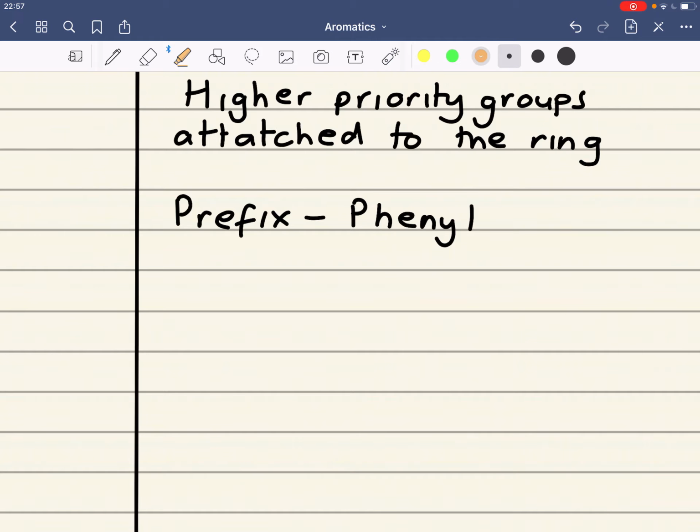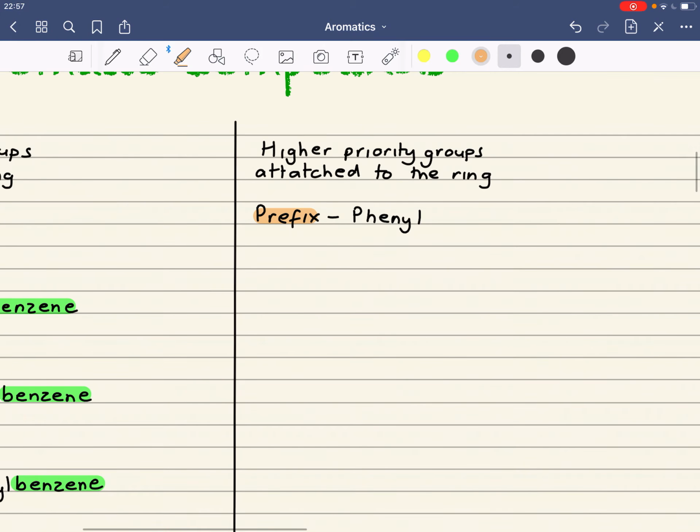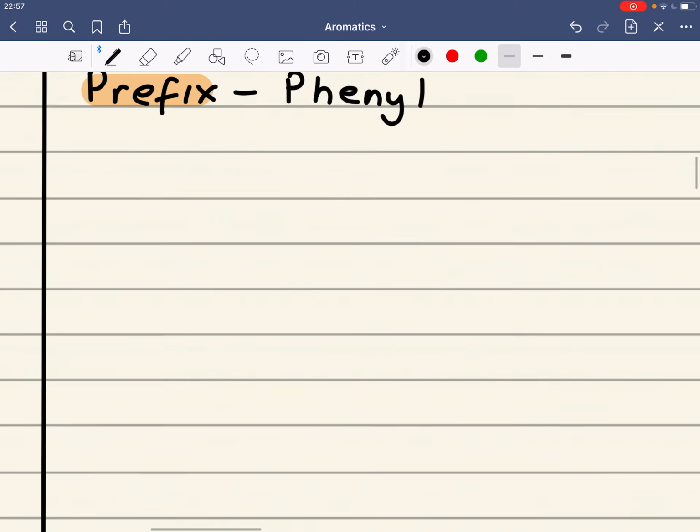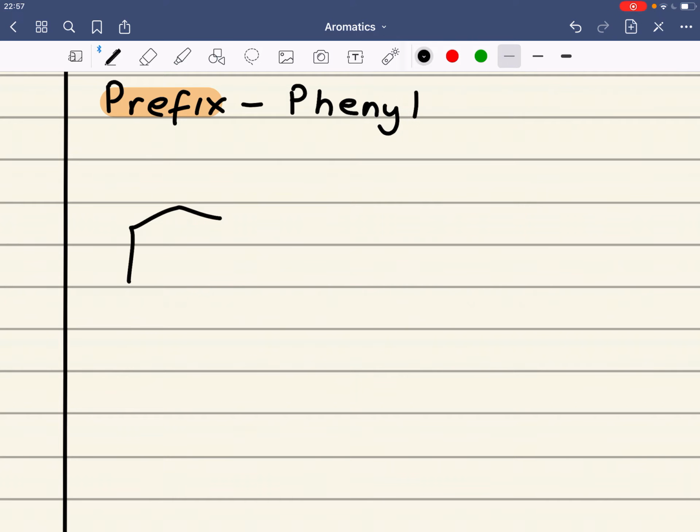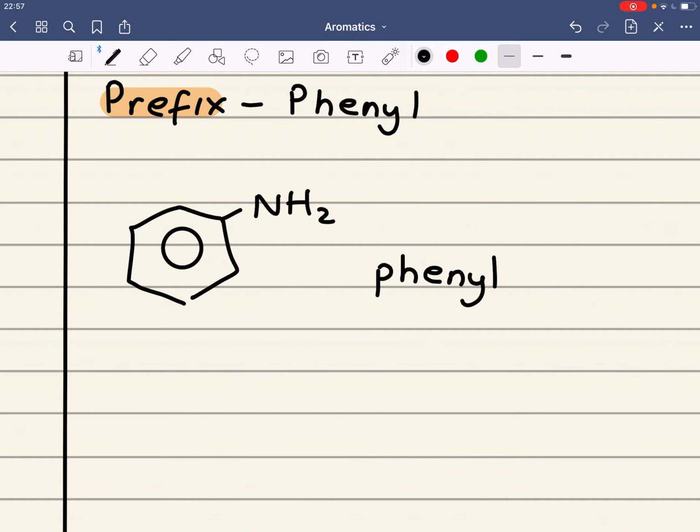So this now is a prefix of phenyl. So some examples would include, this is an amine, so this would be phenylamine, where we've got a phenyl now as a prefix.